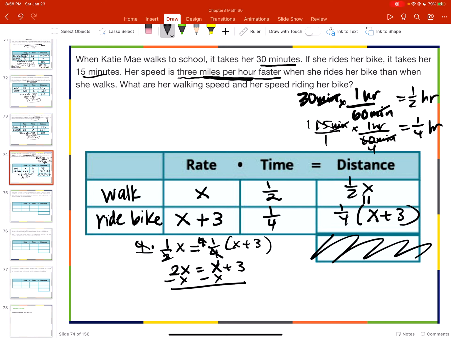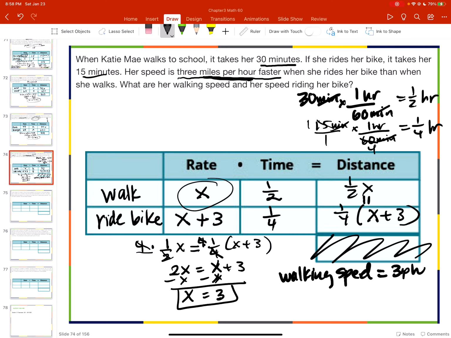So now we're solving for x, and we get x is equal to 3. That gives us the speed of walking: walking speed is 3 mph. And then bike speed is 3 miles per hour faster than that, so that's going to be 6 miles per hour.